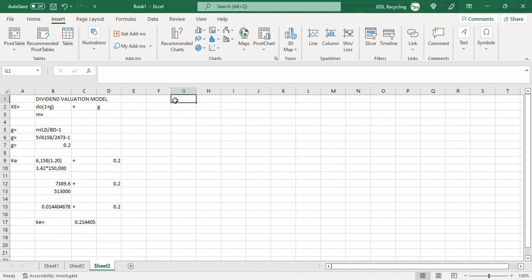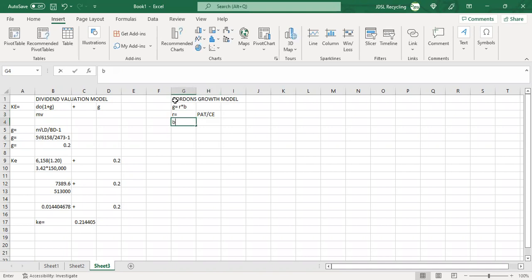So the second method, which is Gordon's growth model. Gordon's growth model says that your G is equals to R multiplied by B, where your R represents the return on capital employed, and your return on capital employed, ROCE, is represented as profit after tax divided by capital employed.